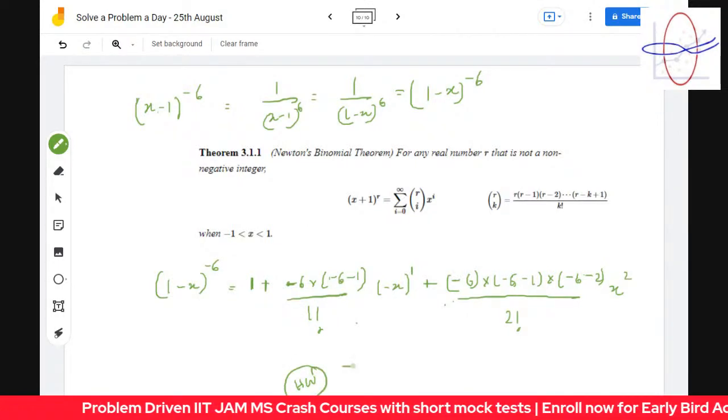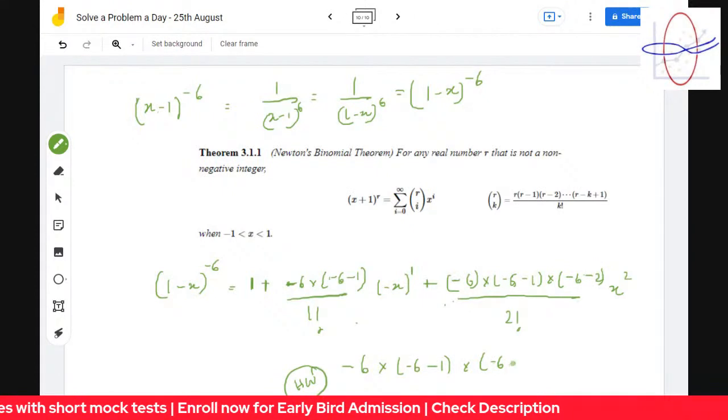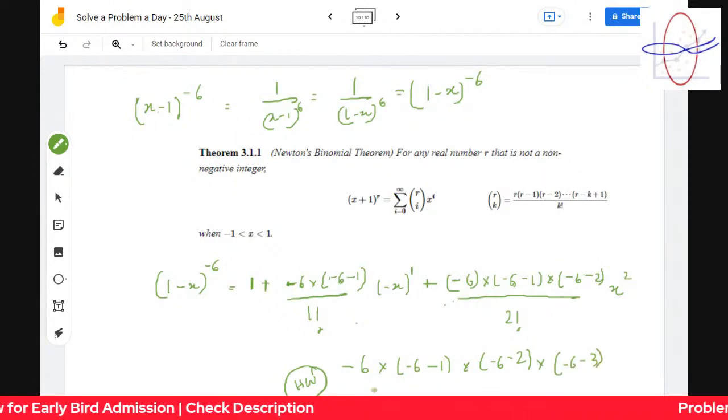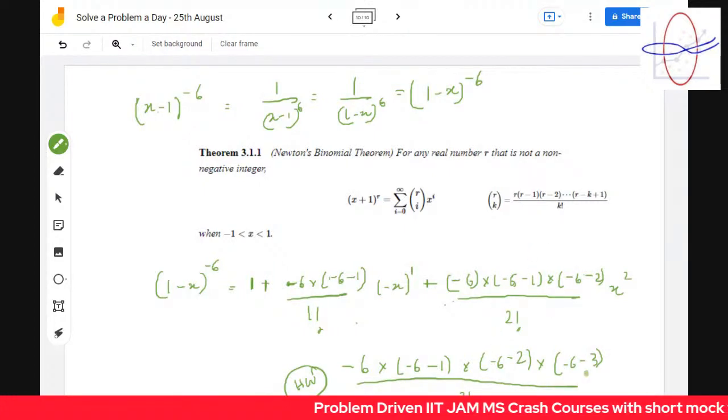Let me do another one. Minus 6 into minus 6 minus 1 into minus 6 minus 2 into minus 6 minus 3 by 3 factorial. I think I'm doing something wrong.